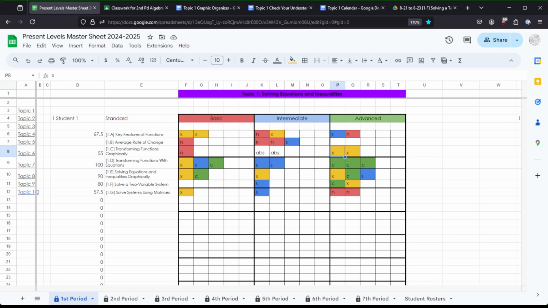Now, if this student were to go through and actually try things, they did pretty good with the equations, maybe they go back and look at the graphical stuff, they could easily make up those scores by just answering 2 questions. I do that for my students who have a little bit of time at home.